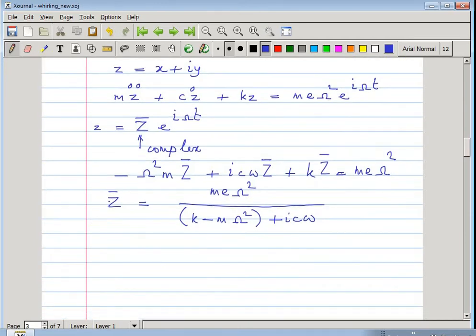As this Z bar is complex, it has both real and imaginary parts, or both amplitude and phase.